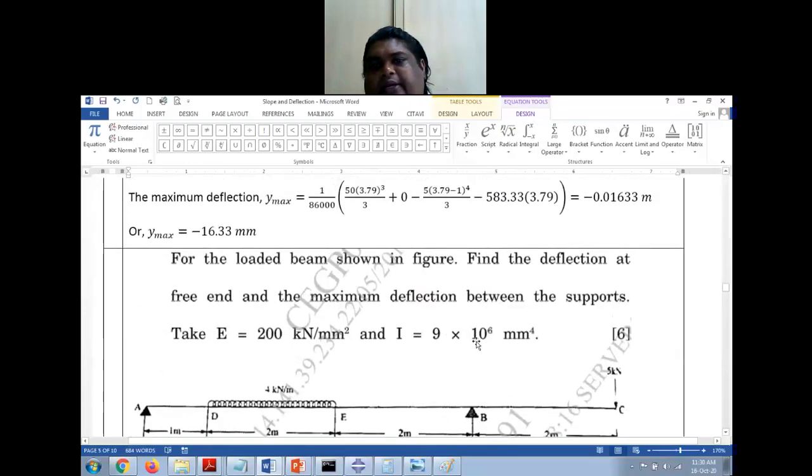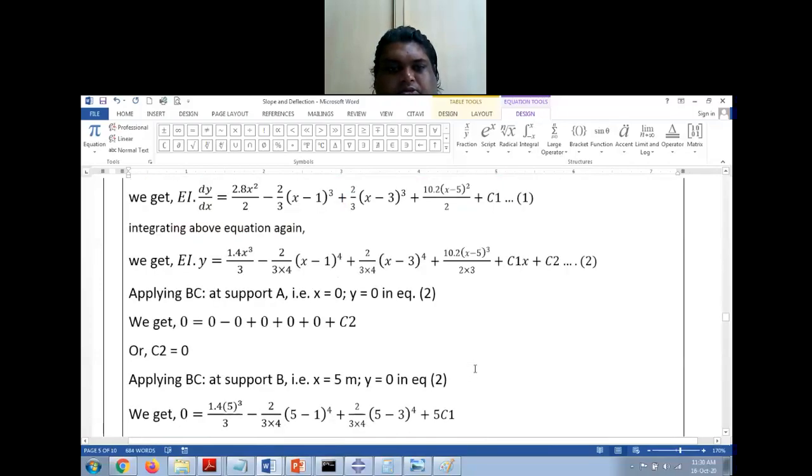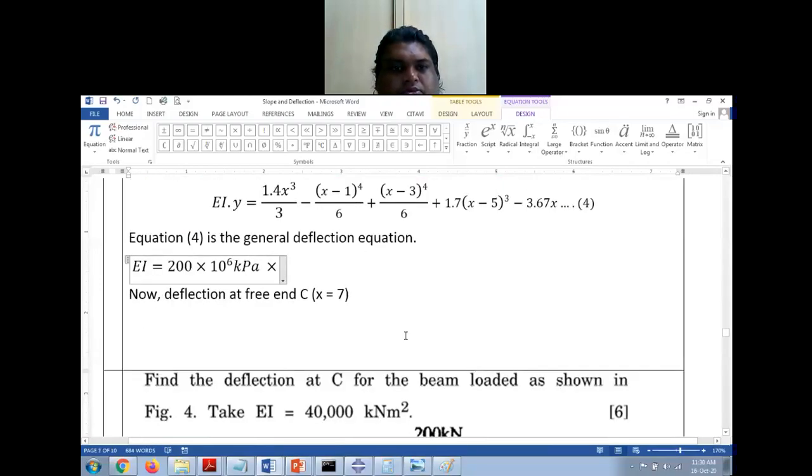It is 9 into 10 raised to 6 mm raised to 4. Now to convert mm raised to 4 to meter raised to 4, I need to multiply this by 10 raised to minus 12, right? So it will become 9 into 10 raised to minus 6. So this is 9 into 10 raised to minus 6, right?